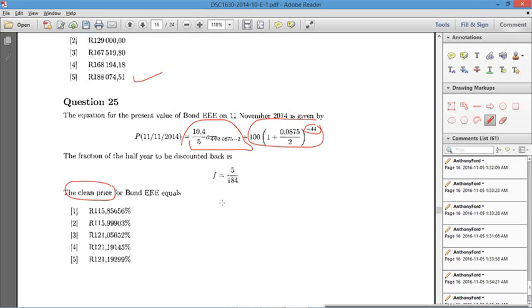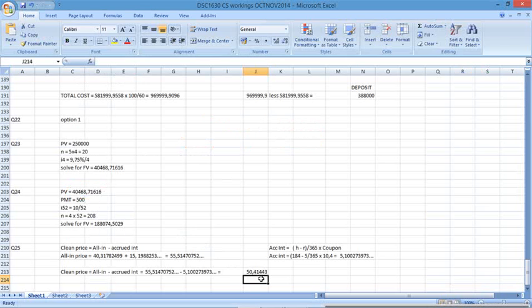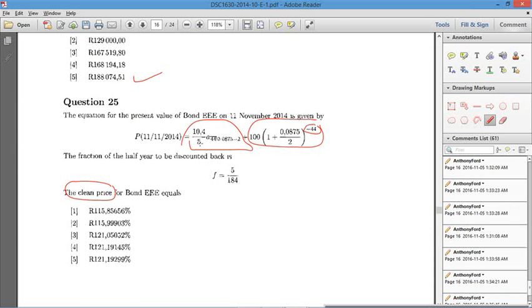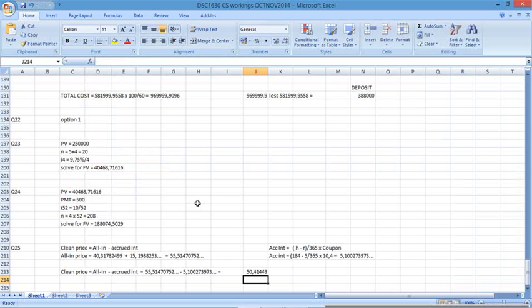Alright, you'll see in this particular question we don't have an answer here for 50,41. The reason for that is this was divided by 5, and then you've got divide by 2 here. So is this half yearly or 5 times a year? It's very strange to have that, 10.4 divided by 5. I'm assuming it should be divided by 2, not divided by 5, because it's half yearly. So there was a problem with this question. Errata there, the answer isn't there.